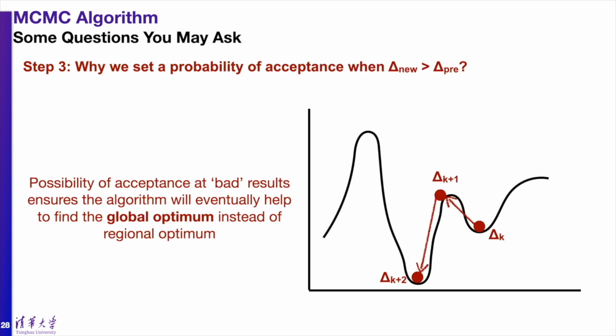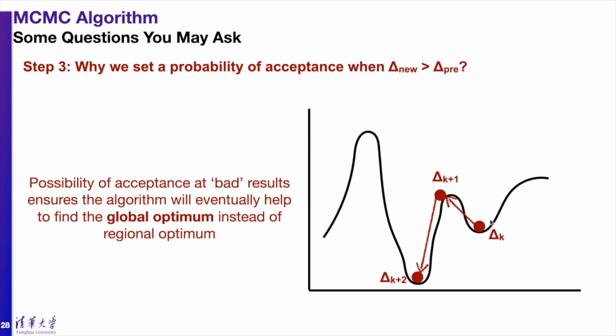At the same time, you may also ask why in step 3 we need to assign a possibility of acceptance even when the new cost is larger than the old one. This is because in some cases, the so-called bad results can be helpful in finding the global minimum of the cost.